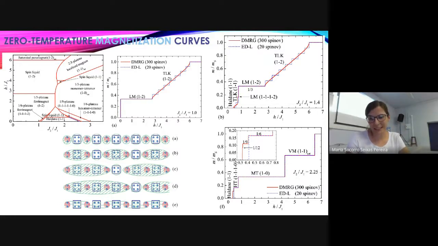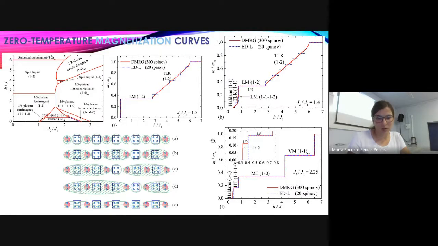And if J2 over J1 equals 2.25, one can find in this magnetization curve a lot of plateaus. For example, the 1/12 plateau, which is very tiny, corresponds to the cluster-based Haldane phase with period 4, the 1/9 plateau to the cluster-based Haldane phase with period 3, so each third square is in a singlet tetramer.